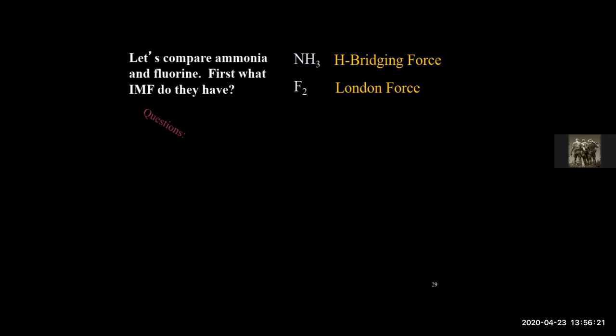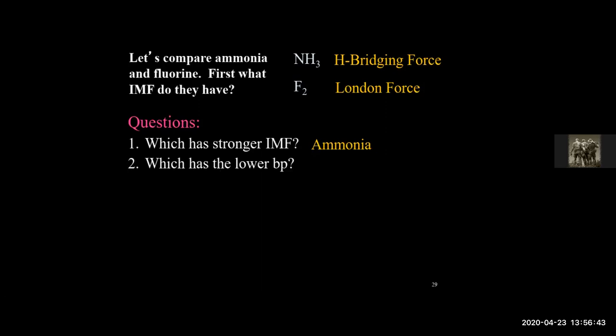Okay, so question number one: which has the stronger IMF? Well, we just determined ammonia has hydrogen bonding forces, which is the strongest of the forces. So ammonia has a stronger IMF. Which has the lower boiling point? That would be the one with the weaker IMF, which would be fluorine, because it has London forces, the weakest of the four.